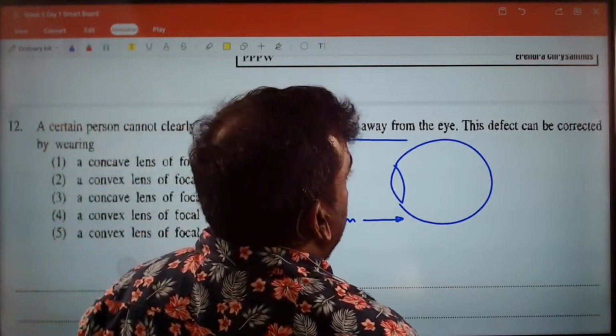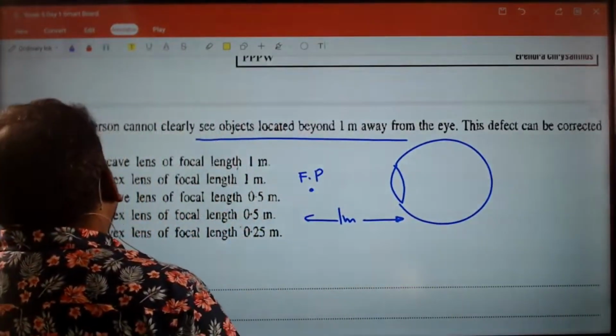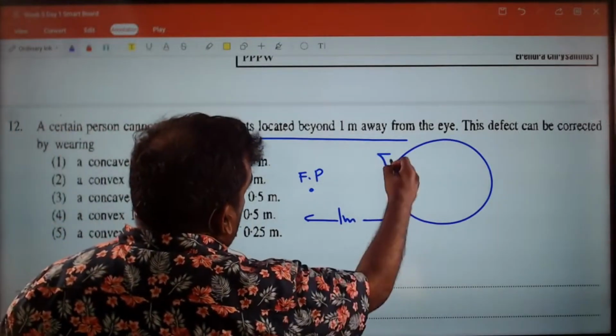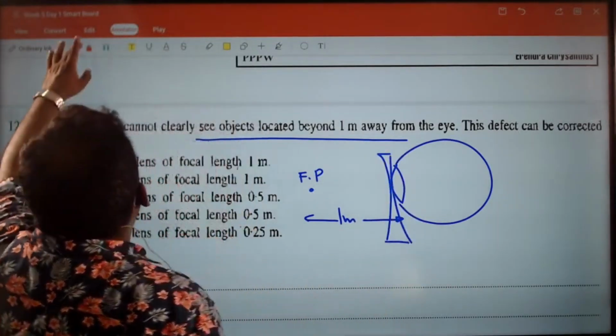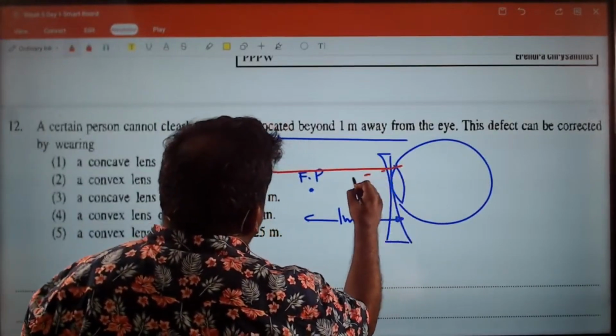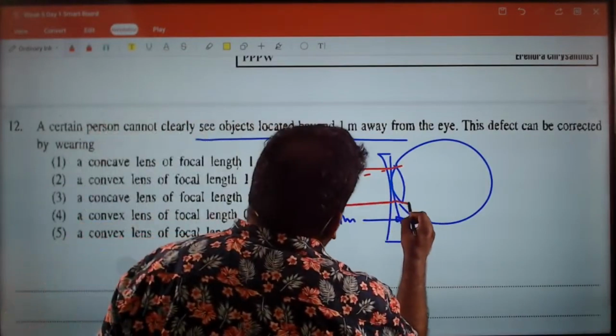This defect can be corrected. So how do you correct it? To make sure infinity can be seen. Light rays coming from infinity should form the image there.